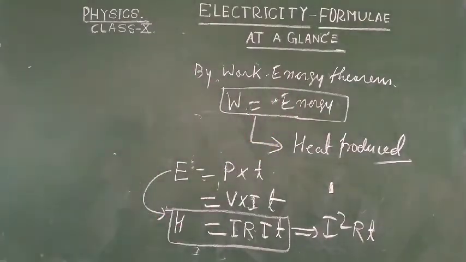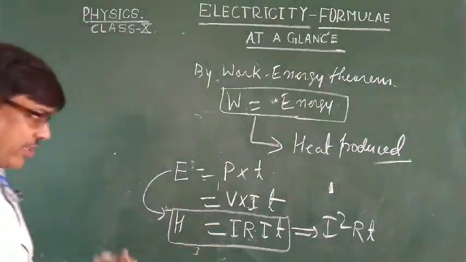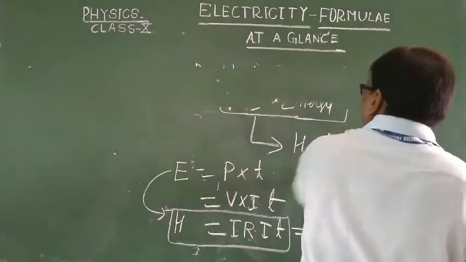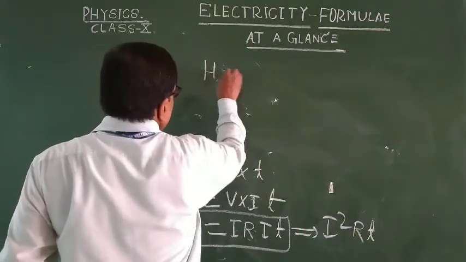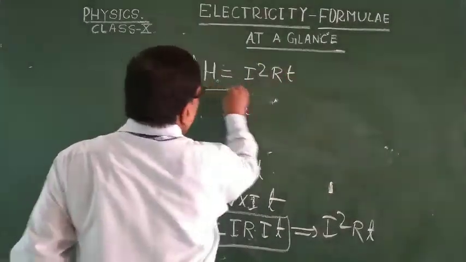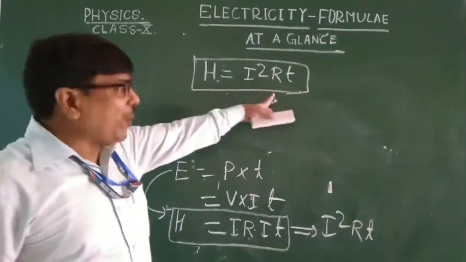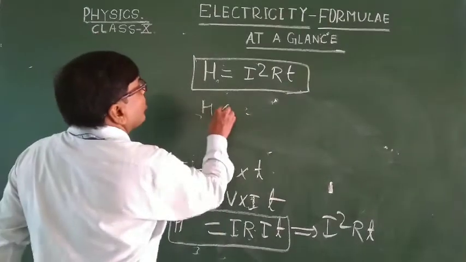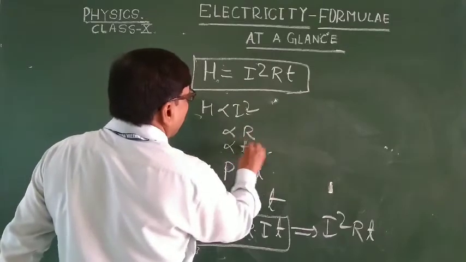This is Joule's law of heating effect of current. This formula is generally easily remembered. So Joule's formula: H is equal to I square RT. The amount of heat produced, electrical energy consumed, depends upon three parts: H is proportional to I square, proportional to R, and proportional to the time taken for the current to flow.